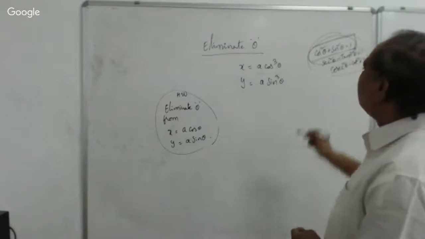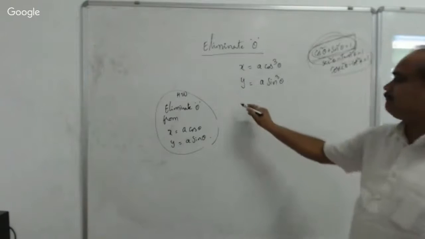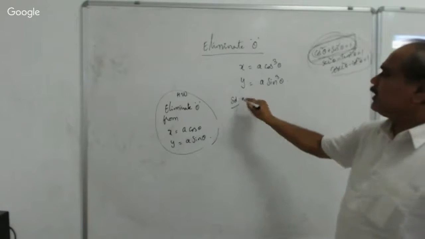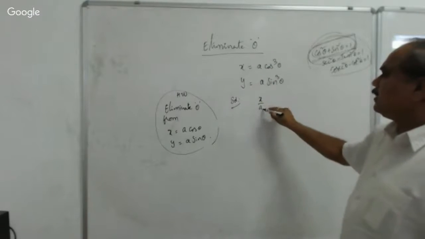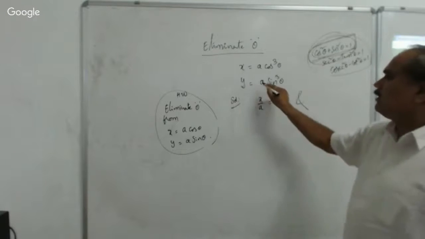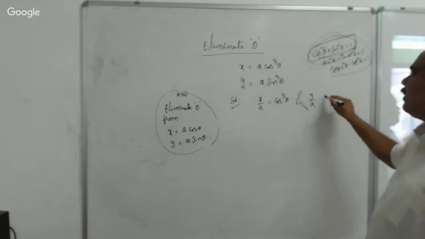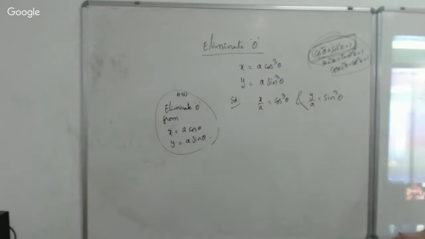Here also again you have to apply the same formula. Now this can be written as x by a equal to cos cube theta and y by a equal to sin cube theta.